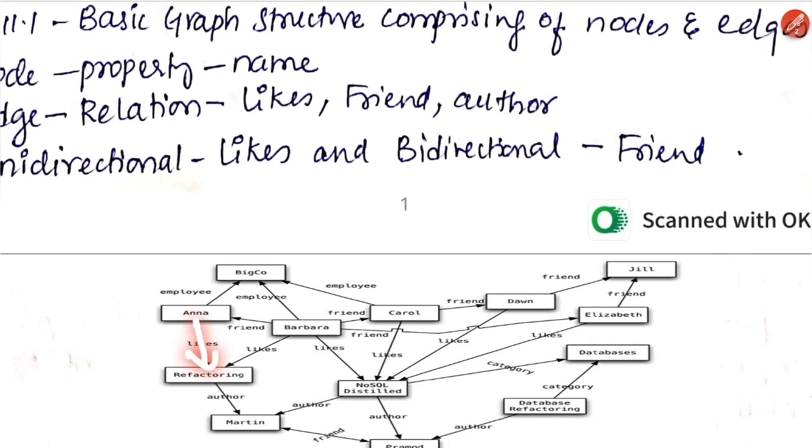If you see likes here, it is unidirectional, that is, Anna likes refactoring. But for a bidirectional example, let's say these two, NoSQL distilled Elizabeth. Suppose friend is a relationship which is bidirectional, meaning both Martin and Pramod are mutual friends.